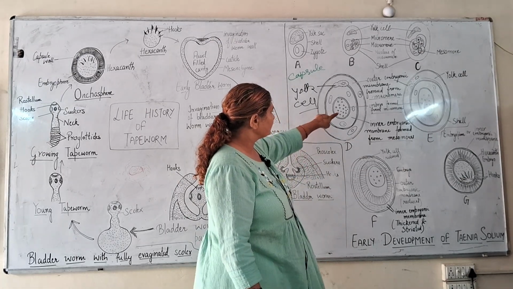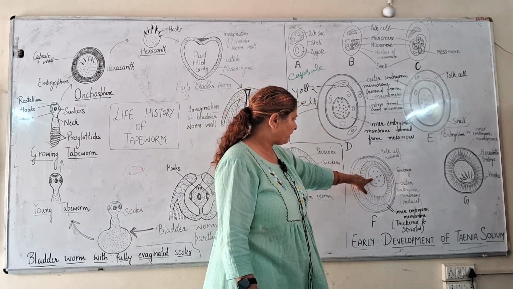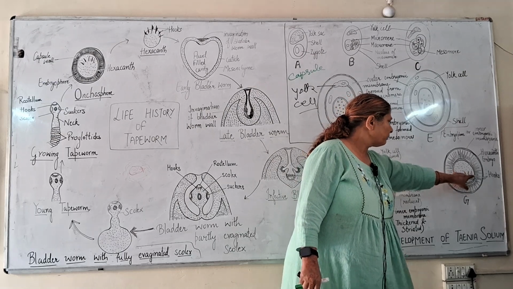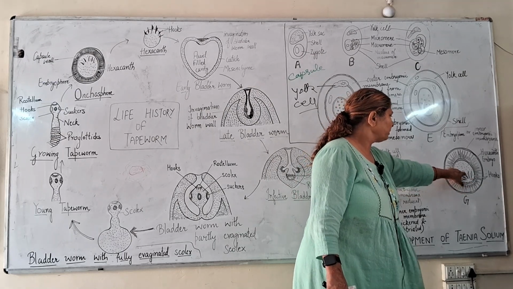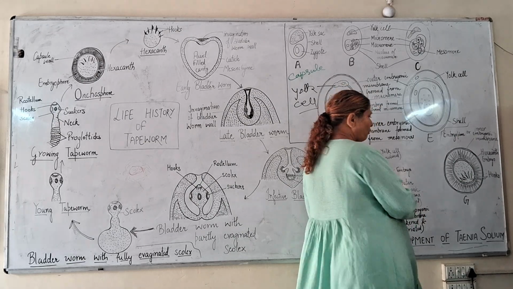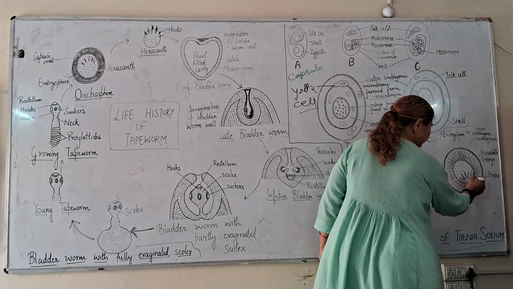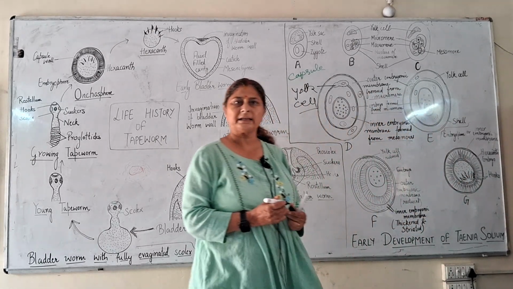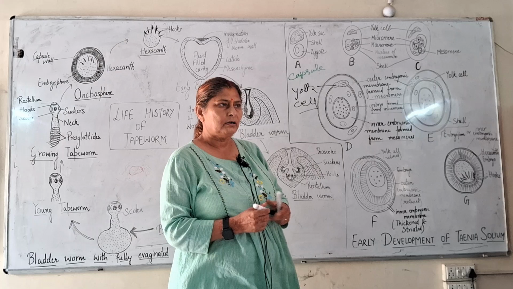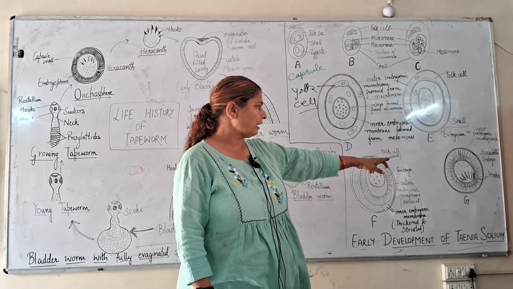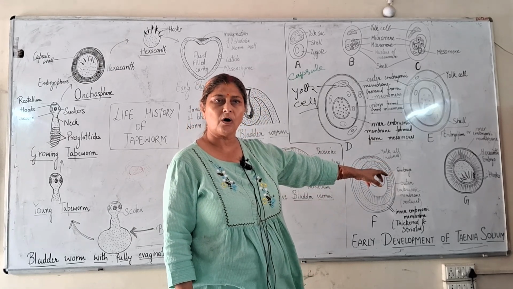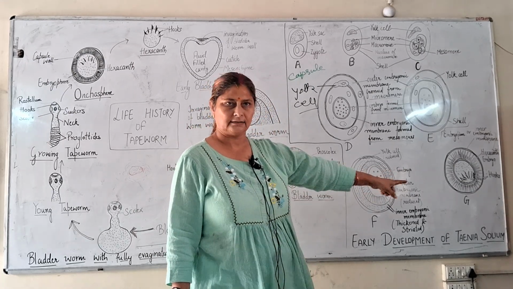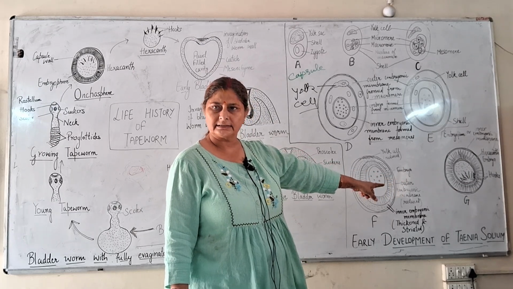Next, from this embryo they develop hooks: 1, 2, 3, 4, 5, and one more is there. Such hooks are present. With these three pairs of hooks, or six hooks, it is called a hexacanth.